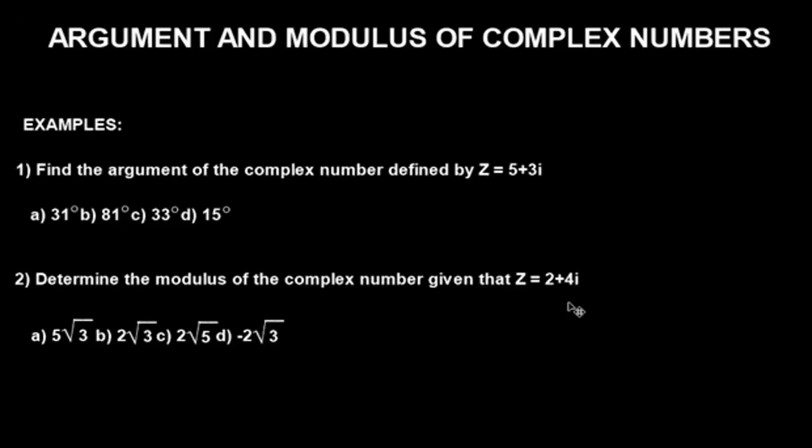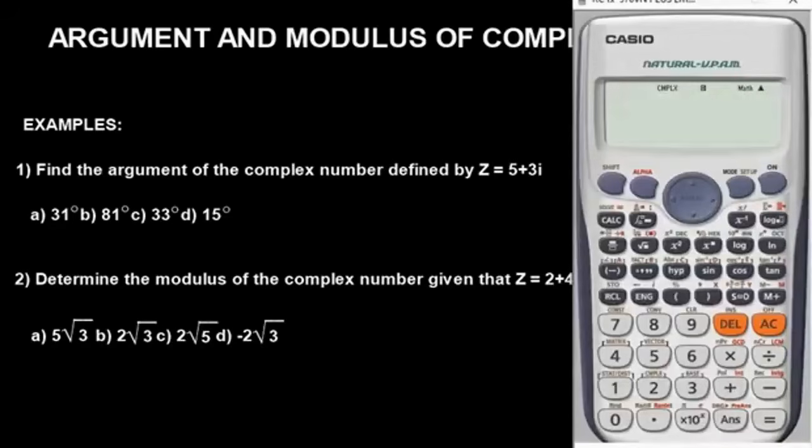Right now, we are going to bring the calculator and solve this problem together. Know that whenever you're asked to find the modulus of a complex number, you're asked to find the square root of the sum of the squares of the numbers.